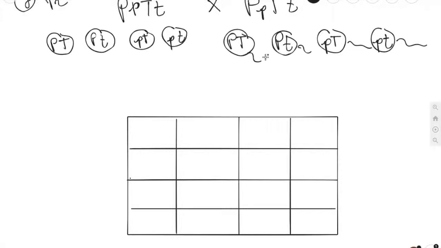So the rule is that each row gets a gamete. So we'll start with the side on the left, and we're going to put the gametes for mom on the left. So the first one was big P, big T. The next one is big P, little t.